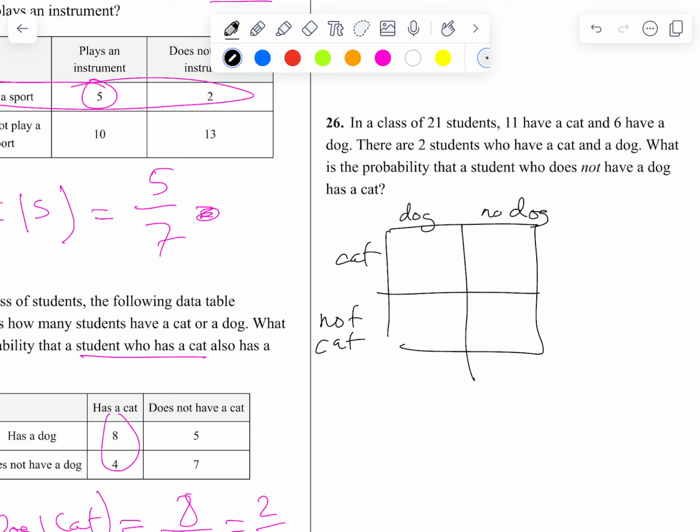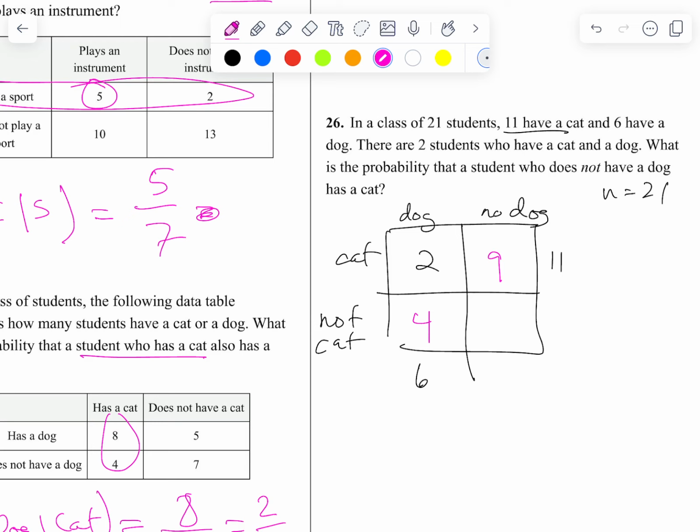There's a total of 21 people. 11 have a cat, so if I added up all the cats, that has to add up to 11. And 6 have a dog, so if I added up all the dogs, there's 6. And it says there's 2 students who have a cat and a dog. There's 2 that go in here. So I can easily figure this out now because this needs to be 2 plus 9. This is 2 plus 4.